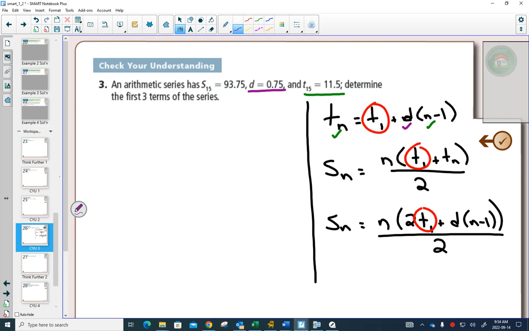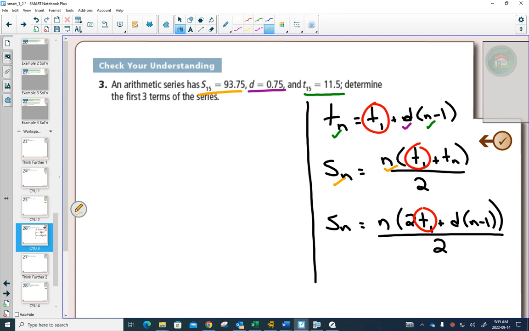So sometimes that happens. However, maybe that extra information was there because let's say you decided you wanted to try the second formula. So if you were trying the second formula, do we know S15? Yes. Then we would know N as well based on this information.